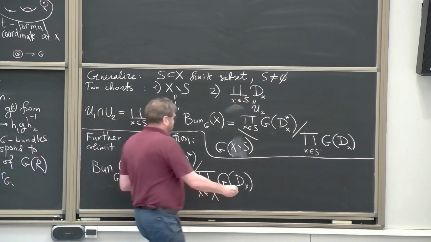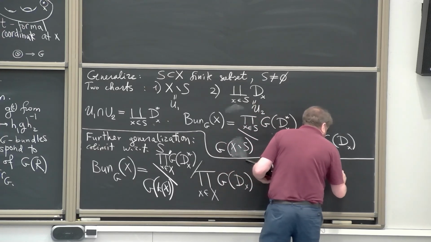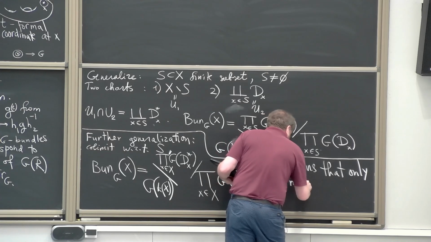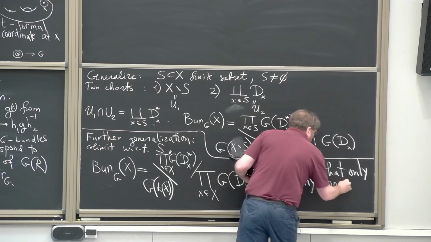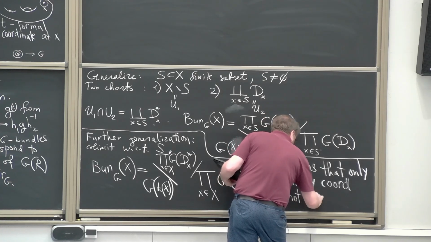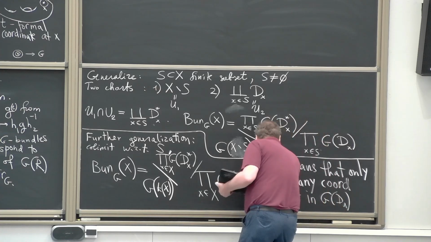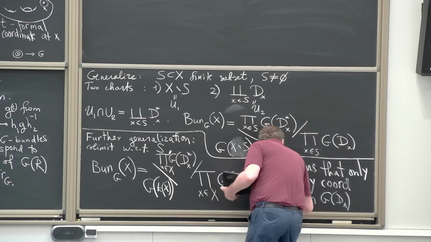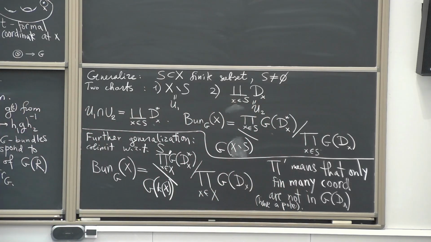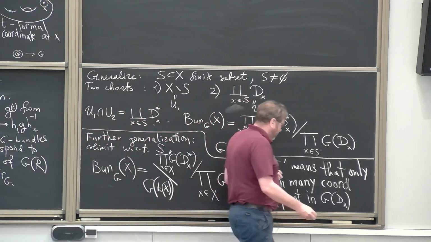So product prime means that only finitely many coordinates are not in G of D_x, so have a pole. This condition comes from the fact that we're removing all points, but we're taking a limit from finite subsets.